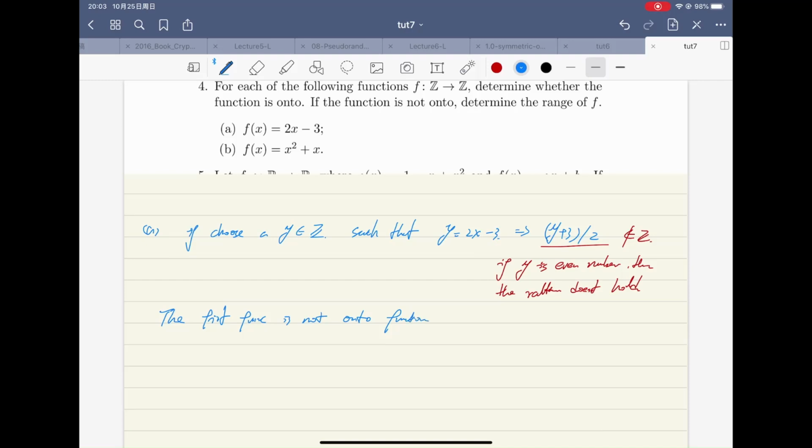Very simple. The range of the function is all odd numbers, right? Because for (y plus 3) divided by 2 to be an integer, y must be an odd number. If y is even, the equation is violated. So the range should be all odd numbers.